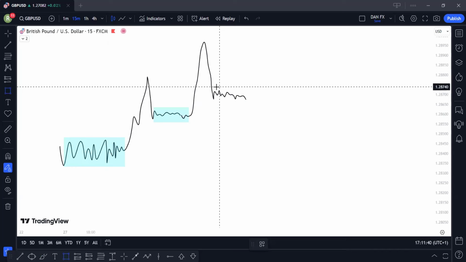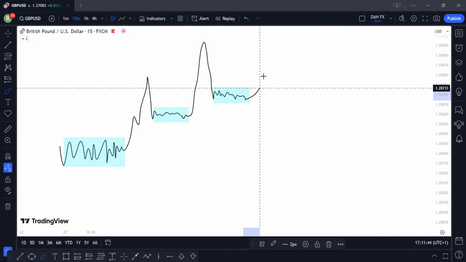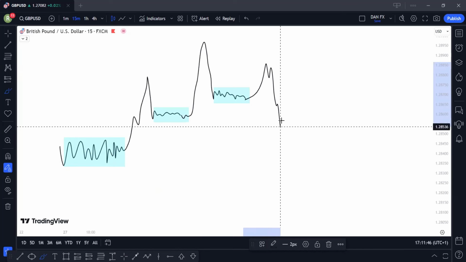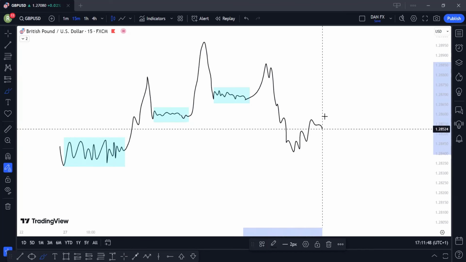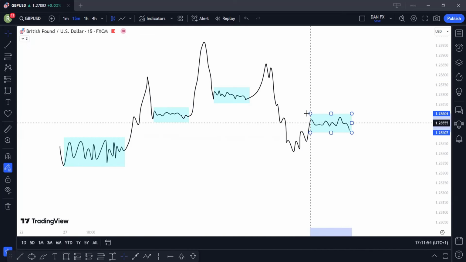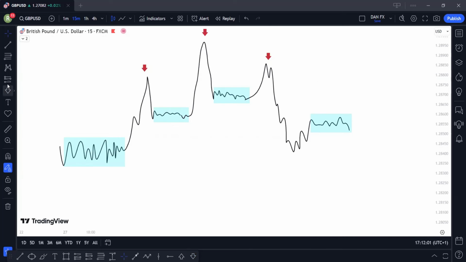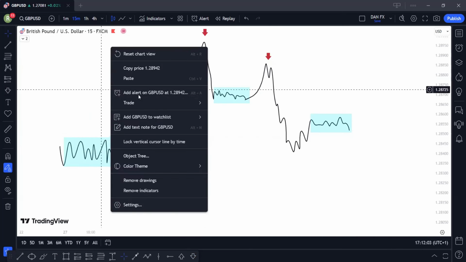Right? And then they're going to repeat the same pattern. Break up, come back down, begin to consolidate again. And that gives you your left shoulder, your head, and your right shoulder. Right? And then they reverse the trend from there.